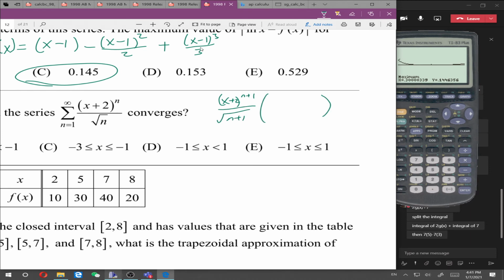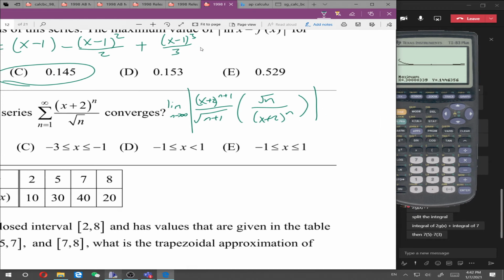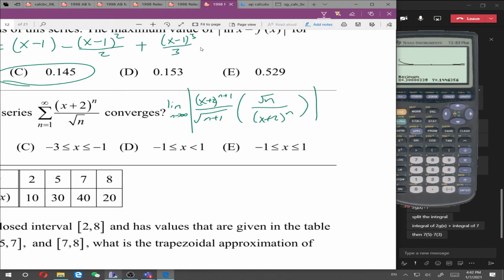And I'm going to divide by my original function, so that's x plus 2 raised to the n over root n. And we'll take the limit as n approaches infinity and see when this is less than 1. So what, if anything, can cancel? x plus 2 to the power of n.